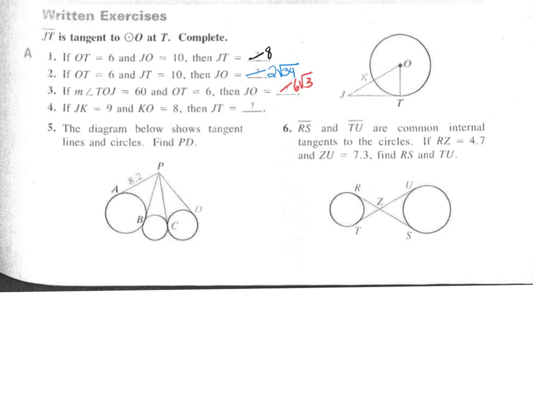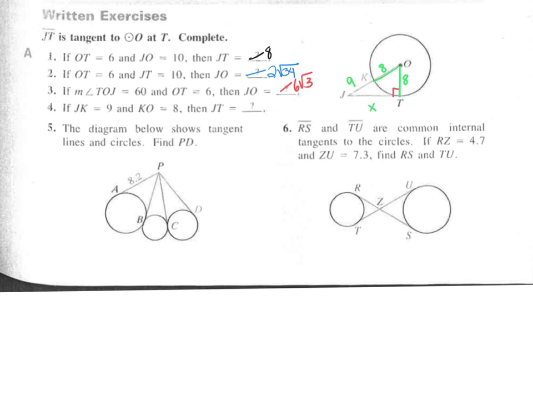Okay, JK is 9. KO is 8. We have to find JT. Now, please, as you look at that, notice again that we still have that right angle in there. That's not going away. If KO is 8, and that's a radius of the circle, all the radii in the same circle are the same, so OT is going to be 8.